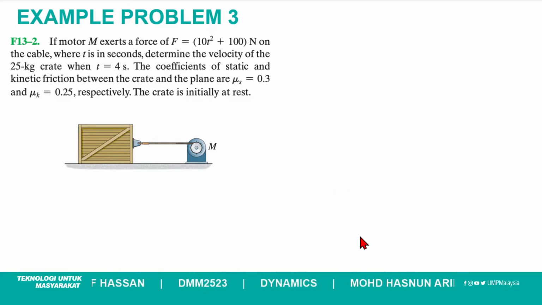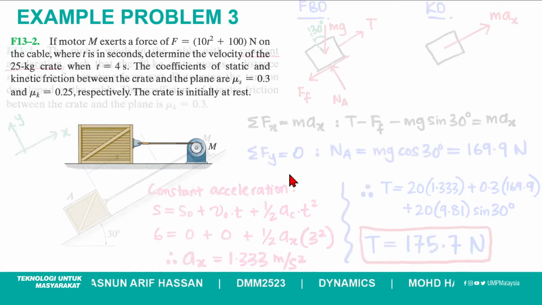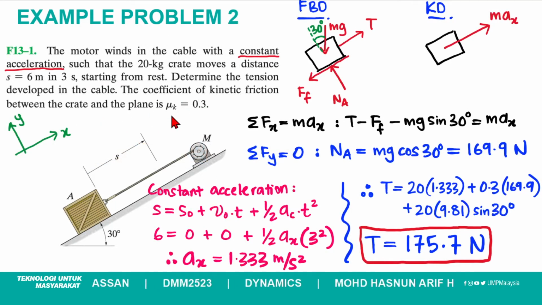If the box stays, for example, at an inclined angle, tapi dia tidak bergerak, meaning that the coefficient of static friction is used in that case. Tapi apabila dia bergerak, if we go back to our previous problems, all of the problems give the coefficient of kinetic friction because the box is moving.